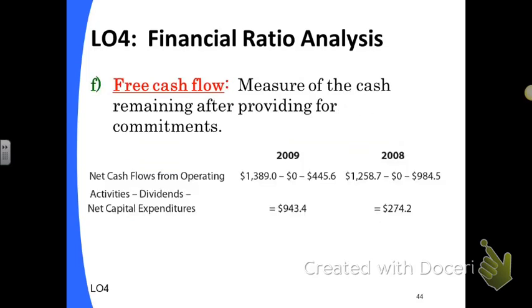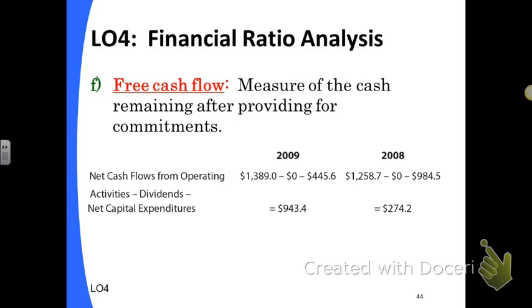And then lastly here, we're going to look at our free cash flow. This is a measure of the cash remaining after providing for commitments. So we want to look at, if we took our cash from operations and we had to repay or pay for certain commitments, how much free cash would we have left over at the end?